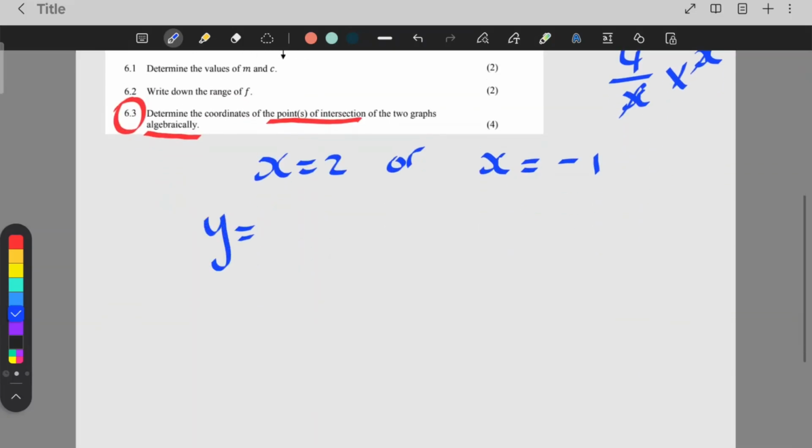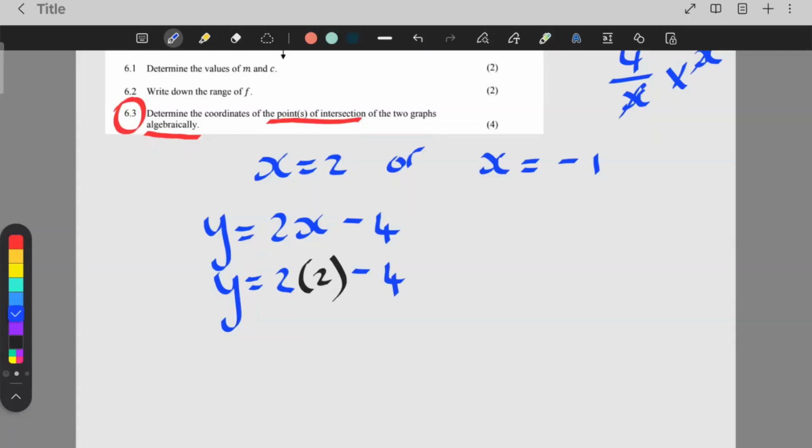I'm going to take my straight line. So this is my straight line. And then I'm just going to make my x 2, eh? So there where x is, I'm going to make it 2. And I get my y to be 0. So my first point of intersection is when x is 2, y was 0.